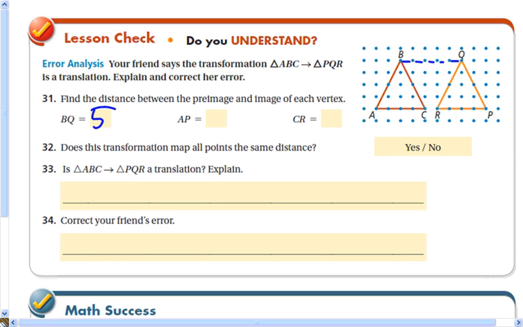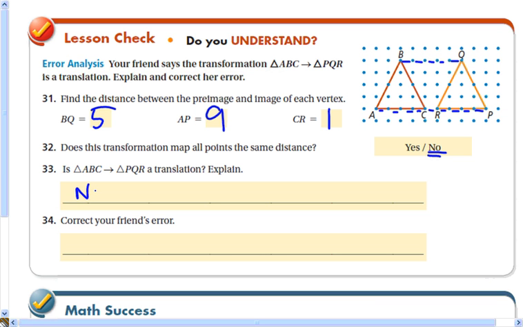AP is 1, 2, 3, 4, 5, 6, 7, 8, 9. CR is 1. Does this transformation map all points the same distance? No, it does not.